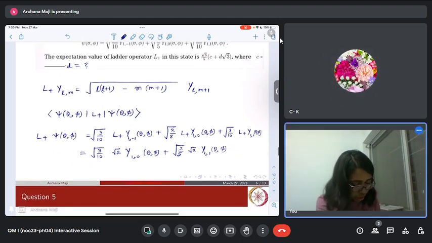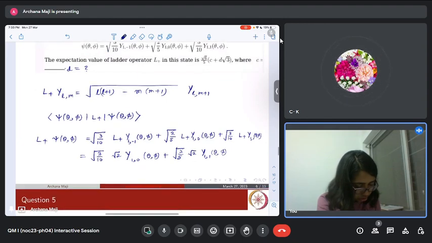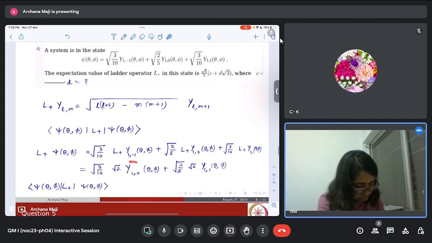Right. Now this we need to take inner product with this to find the expectation value. So what will we get? This term multiplying this term will give you a non-zero contribution.